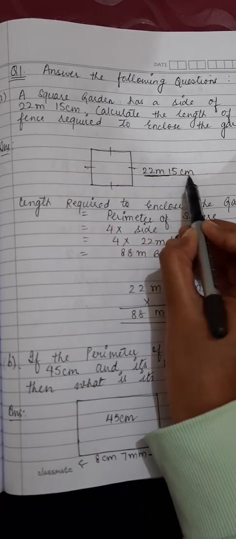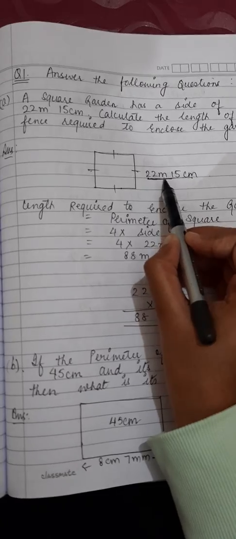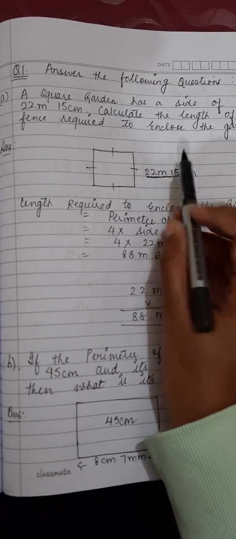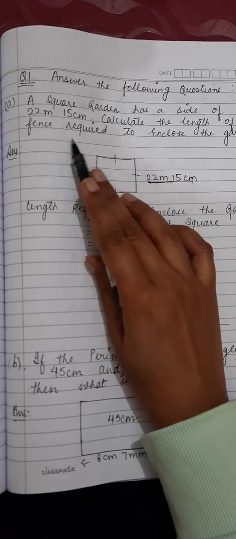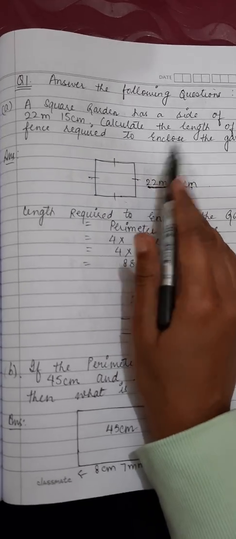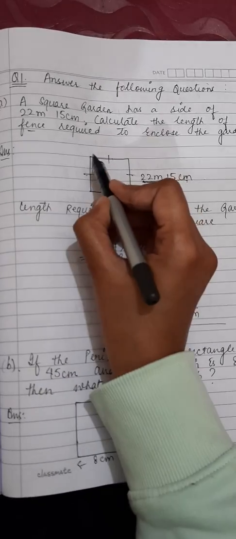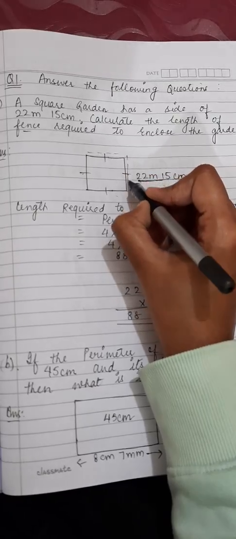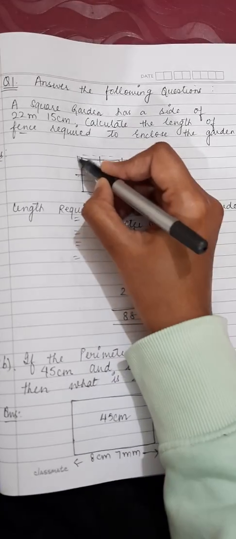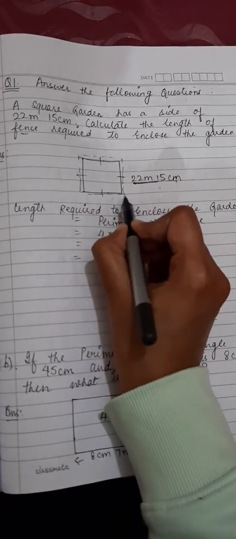One side is given to you and the length of one side is 22 meters 15 centimeters. So you have to find the length of the fence required so as to enclose the garden. Length of the fence means you have to find the boundary. You have to find the length of the boundary so that we can close this garden.